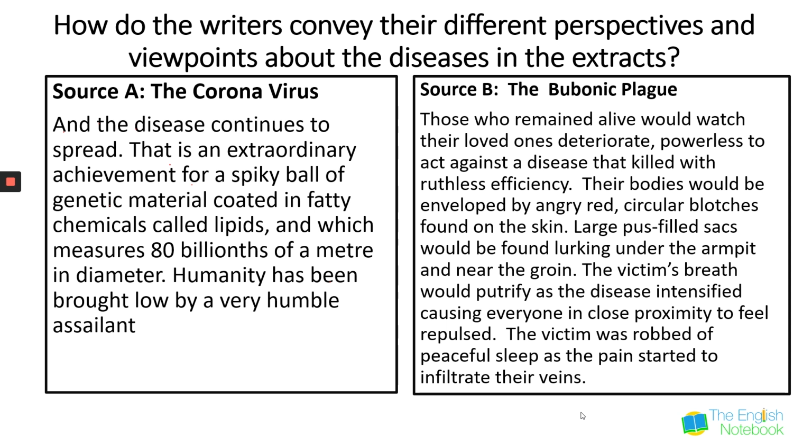So I'm going to read, and as I read, I'd like you to follow, and try to identify what the perspectives of both writers would be. Whilst you're doing that, you'll also be able to see if there are any similarities or differences. So the question here is, how do the writers convey their different perspectives and viewpoints about the diseases in the extracts? So source A, the coronavirus.